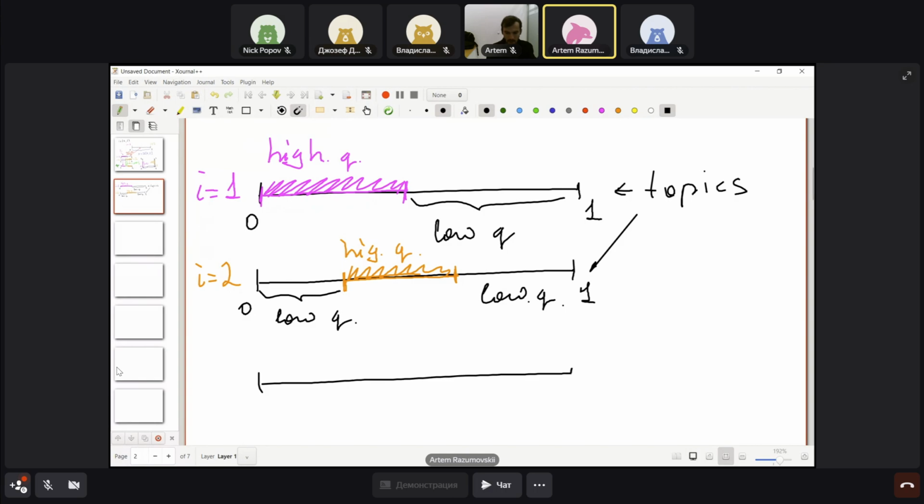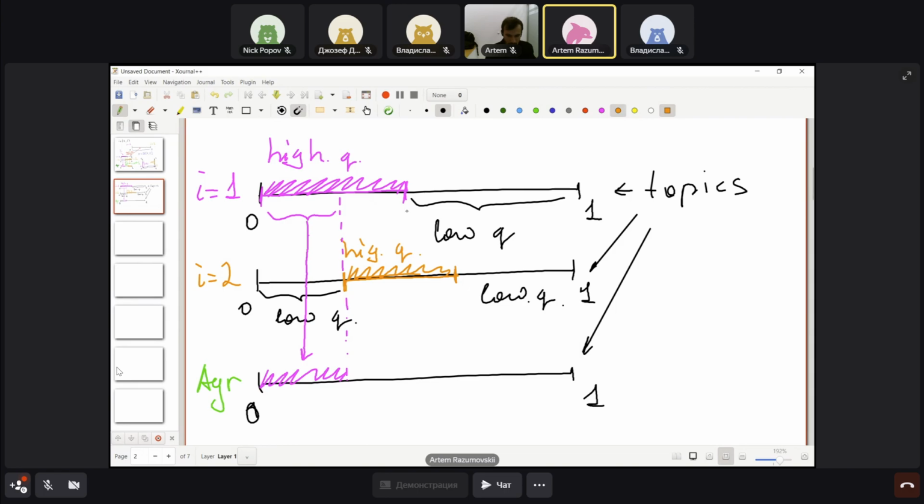So then we are thinking about the aggregator. The aggregator is comparing two agencies and takes the high quality topics, the good quality topics. So then this part will be taken from the first agency, because on the second agency it was produced with low quality.